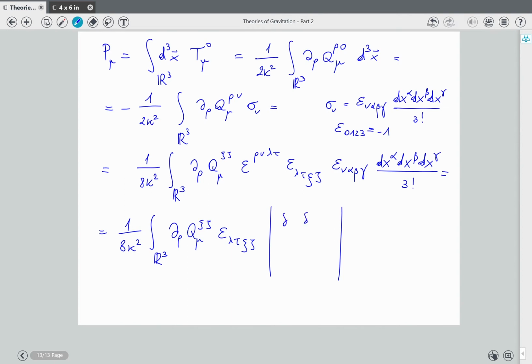And then we just copy the various indices, rho, lambda, tau, alpha, beta, gamma. And then we have dx alpha, dx beta, dx gamma divided by 3 factorial.